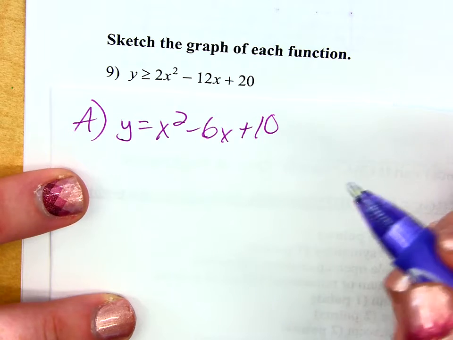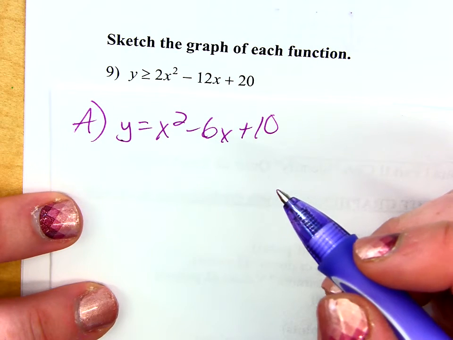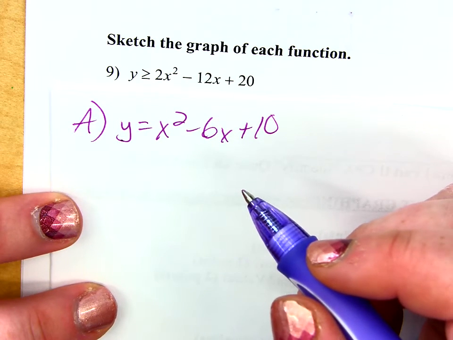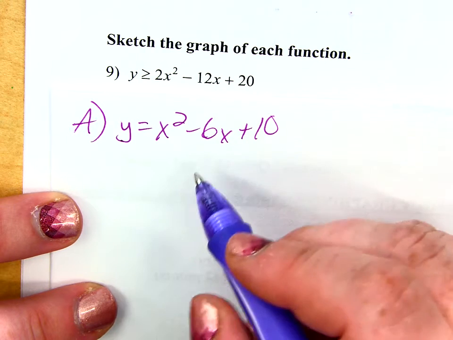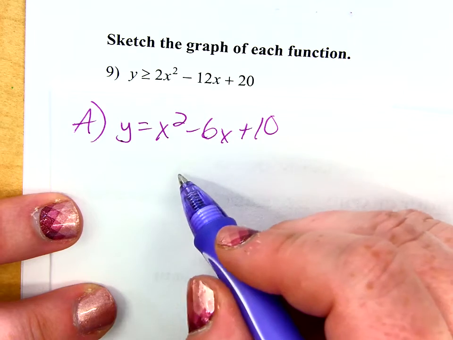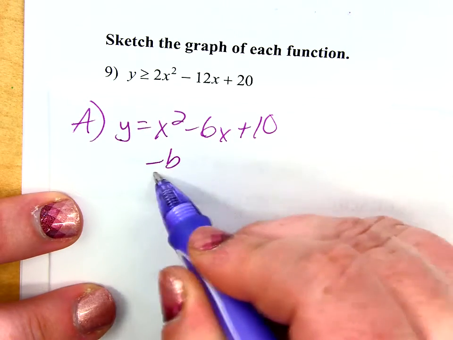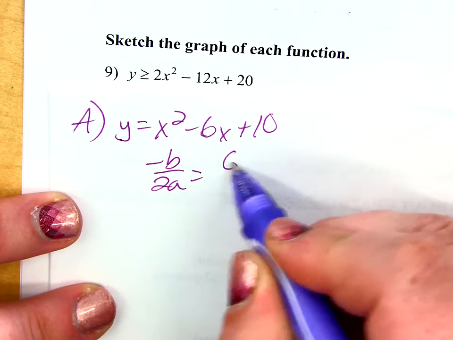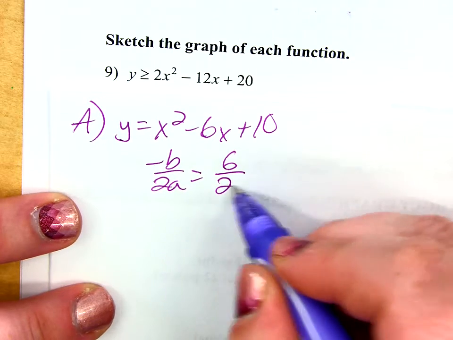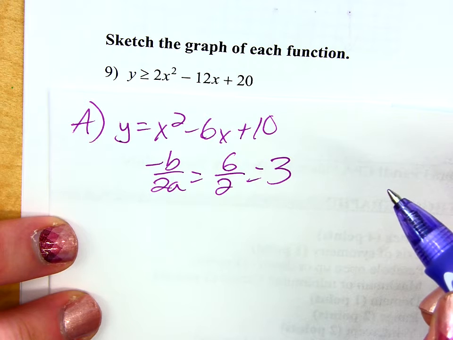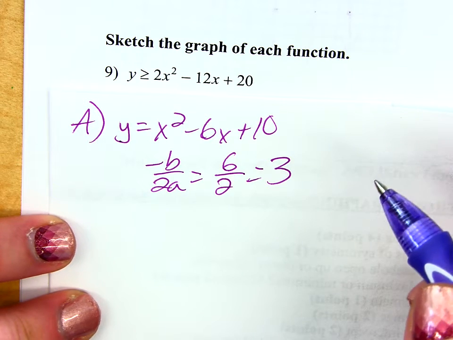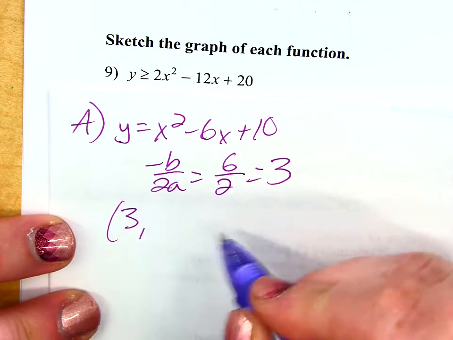All right, let's go ahead and find our vertex. How do you do it again? Anybody know? Negative b over 2a. That's it. So 6 over 2, I get 3. And so my vertex is at 3 comma something.